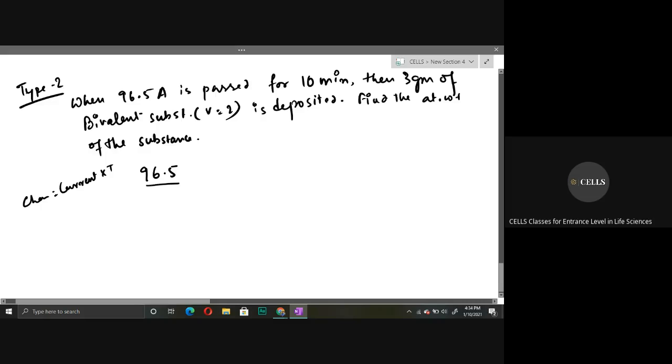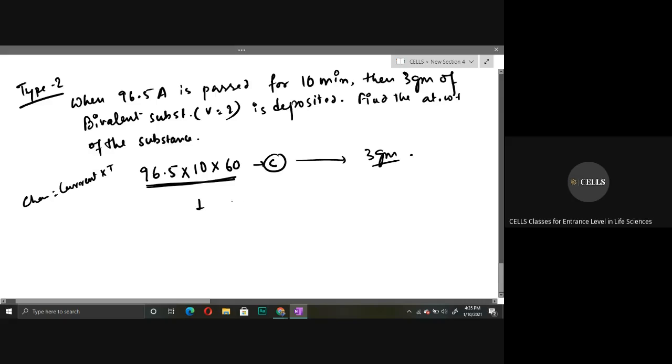So 96.5 current into 10 minutes converted into seconds, that is the total amount of charge in coulomb, and this amount of charge gives 3 gram of the bivalent substance.